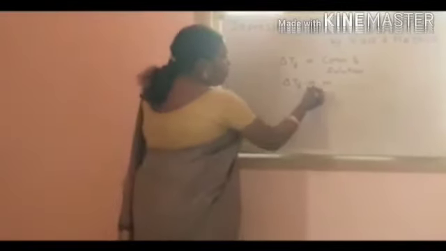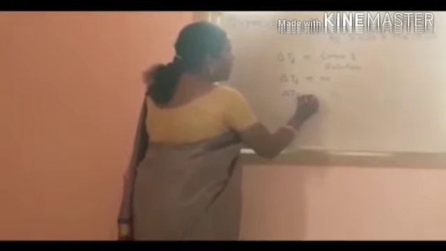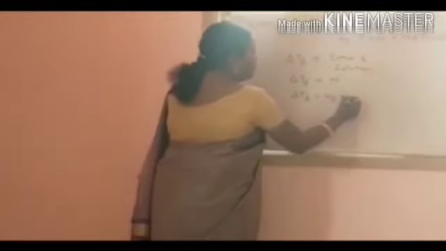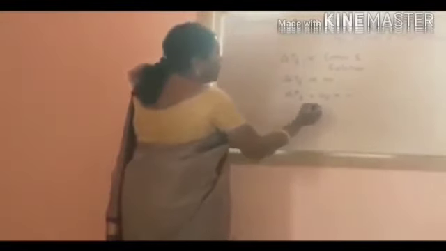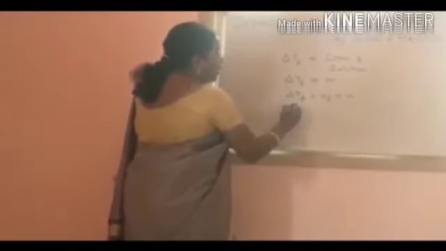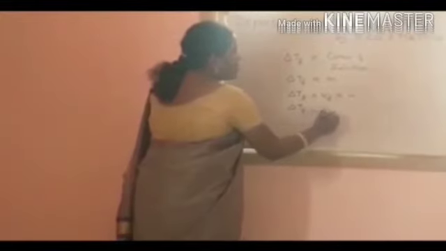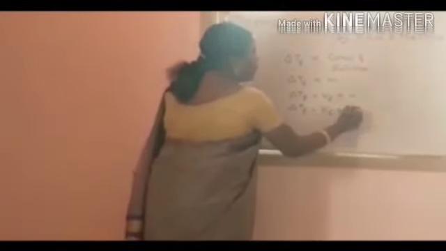To remove the proportionality, we can introduce a constant. Delta Tf is equal to Kf into m. Now, we can substitute values for molality. Delta Tf is equal to Kf into W2 divided by W1 into M2 into 1000.